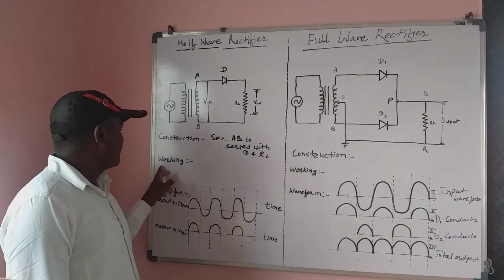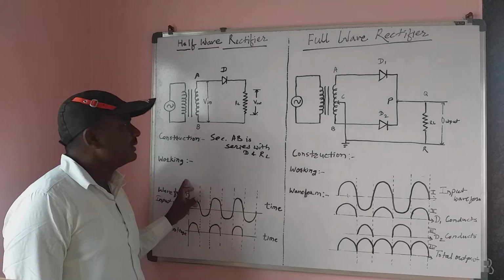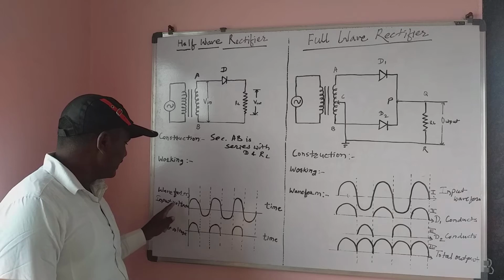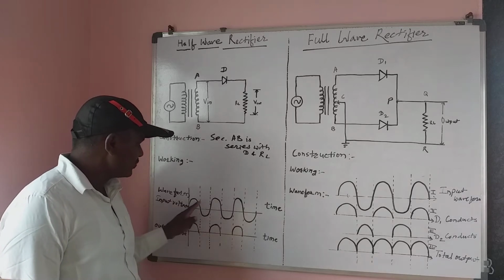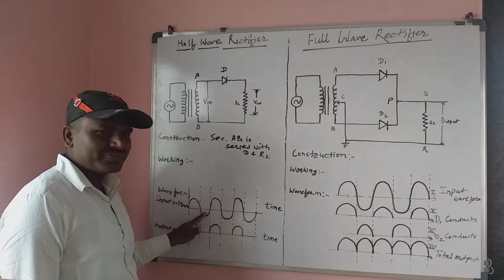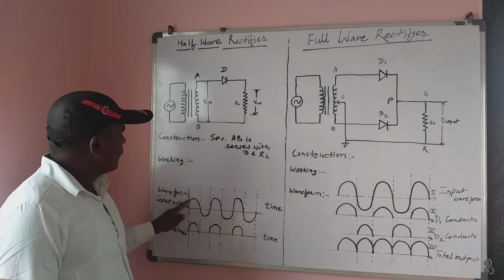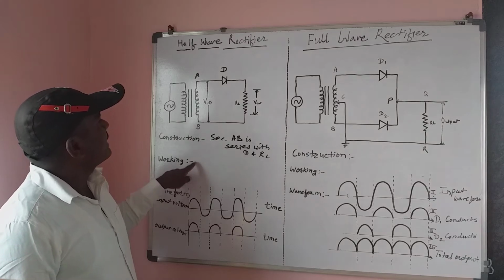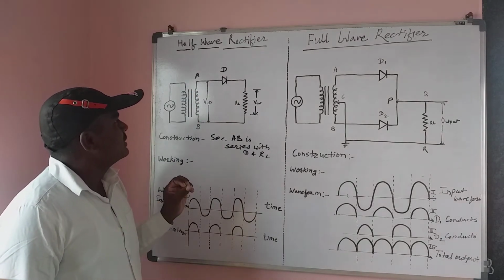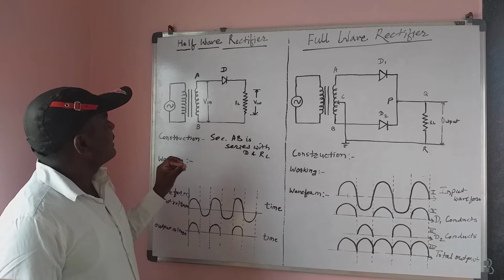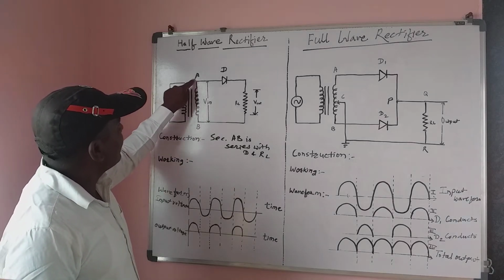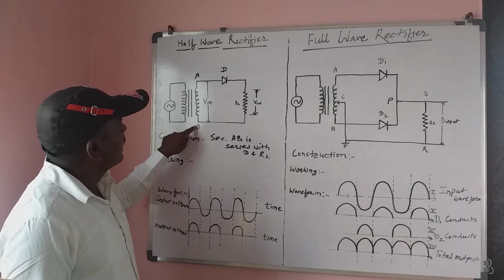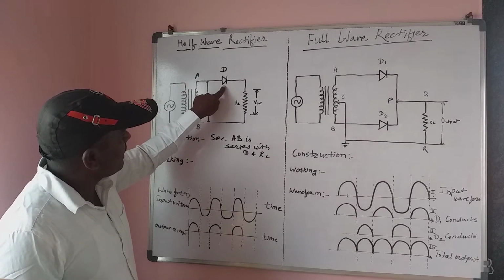Now the working. Here this is the input AC voltage, which has a positive half cycle and a negative half cycle. When the positive half cycle begins, the potential at A is larger with respect to the point B, and this diode is in forward bias.